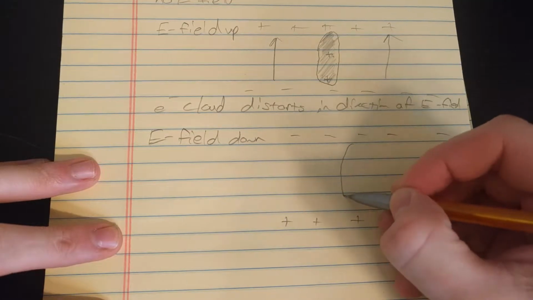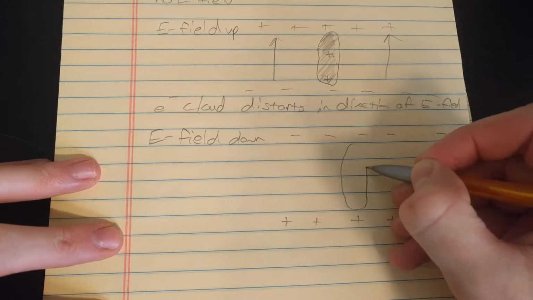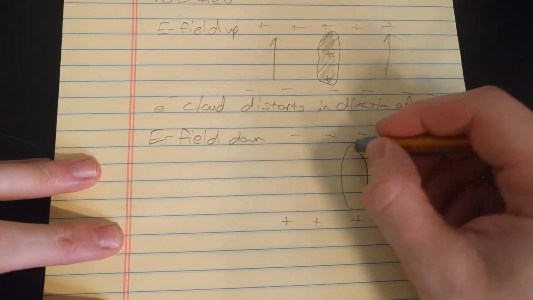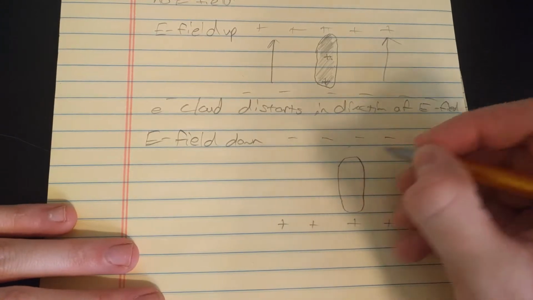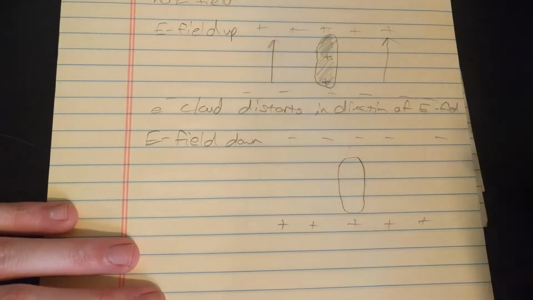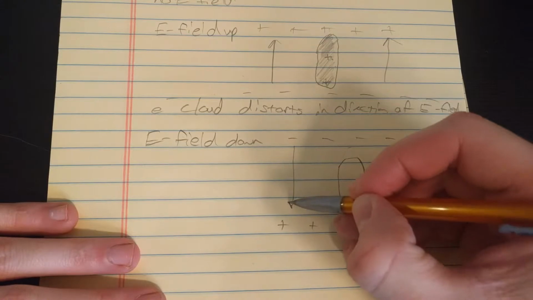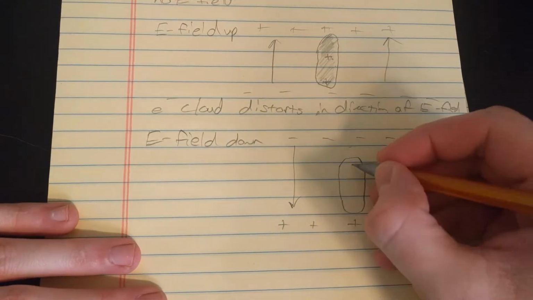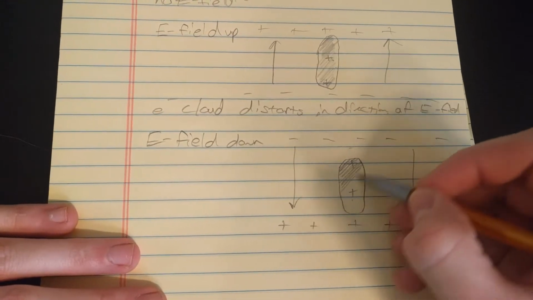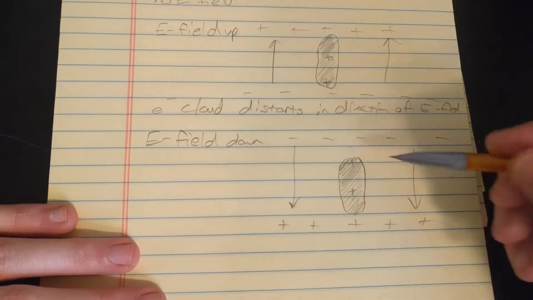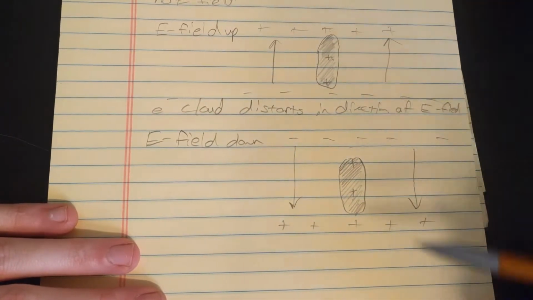The electron cloud's going to be attracted to the positive. Well, it's the same thing. It's going to be attracted in the direction of the electric field. But now the direction is down instead of up. So it's more likely to find the electron cloud pointing down rather than up in this case.